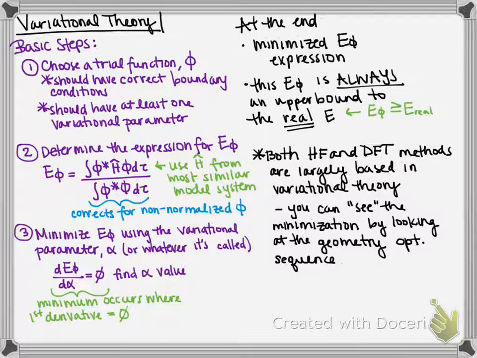You can actually see the minimization of the energy in the output file that you get when you run a geometry optimization by looking at the geometry optimization sequence. In the introductory WebMO video, I tell you how to do that, and I show you that. I would advise strongly that you look at that. It's actually pretty cool, and you can see variational theory in practice. All right. The next video is going to work through an example problem in detail.